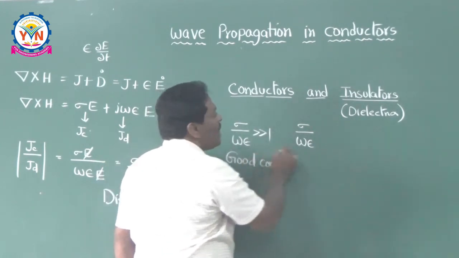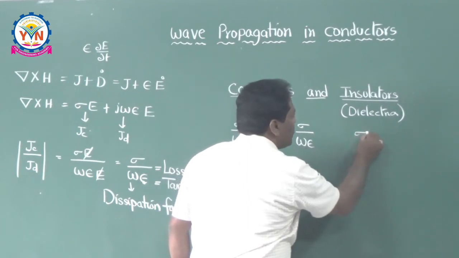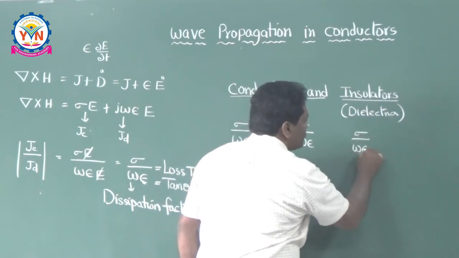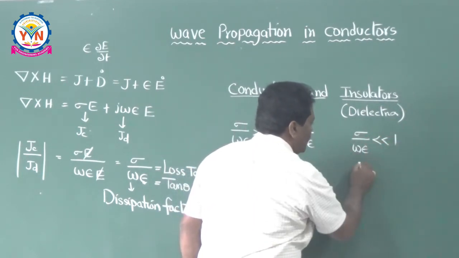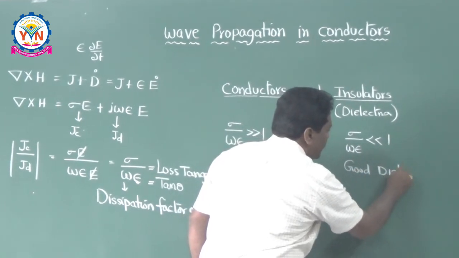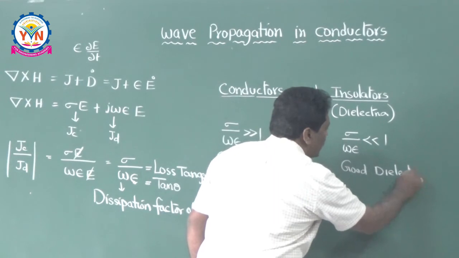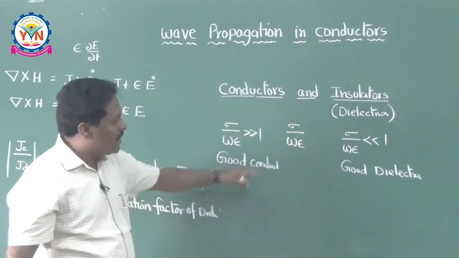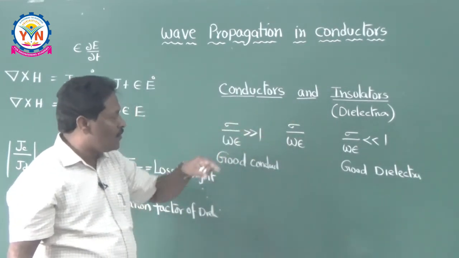And if sigma by omega epsilon is very much less than 1, it is called a good dielectric. That means good conductors and good dielectrics are separated by the demarcation line sigma by omega epsilon.